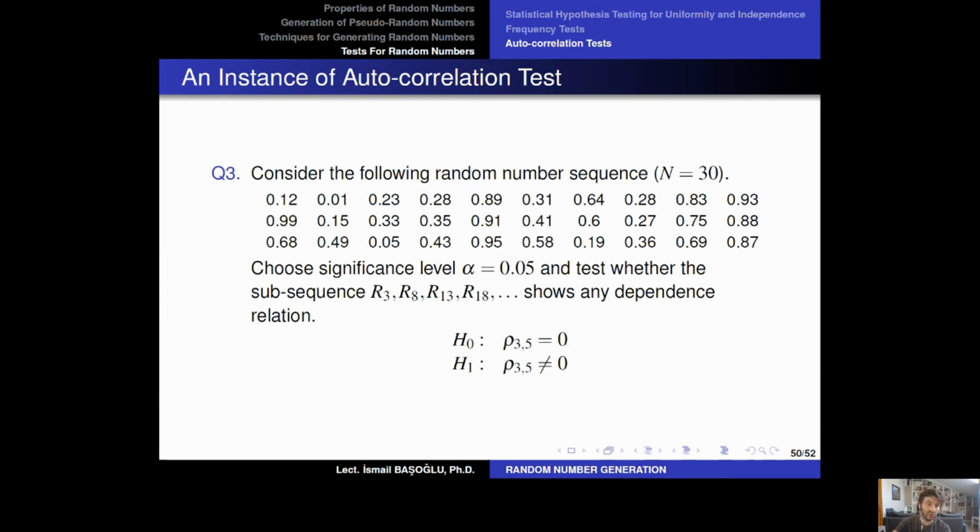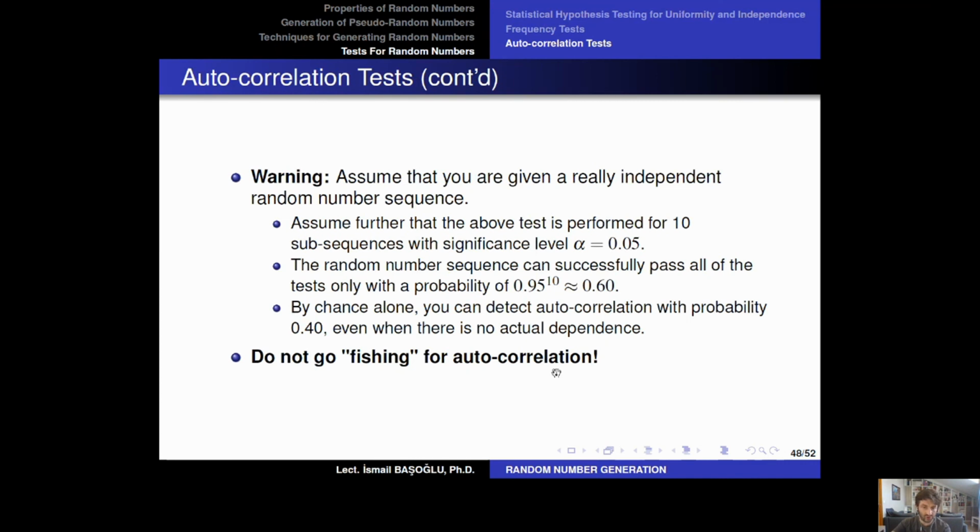As we have said, we should not go fishing for autocorrelation. So we should only check what we have a doubt about. So if you consider that there is a certain pattern within a proper subsequence, then you need to apply the test. However, if you do not have any doubt about it, why should you go fishing for autocorrelation?